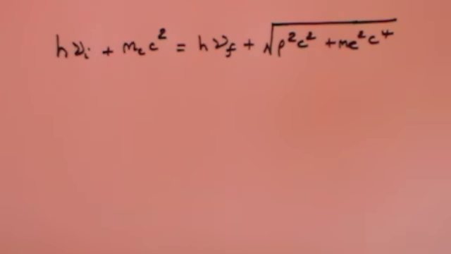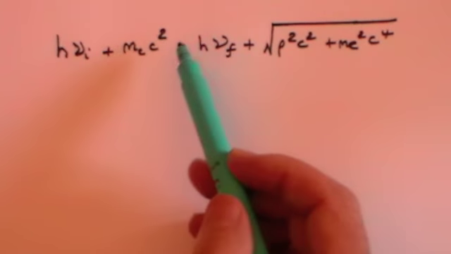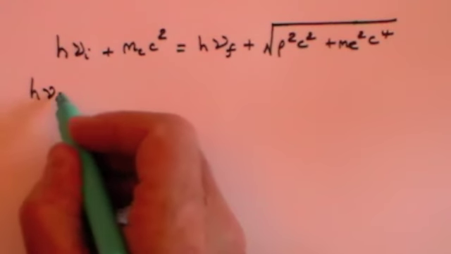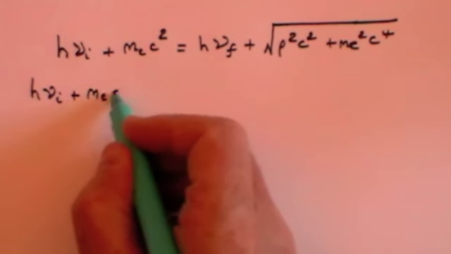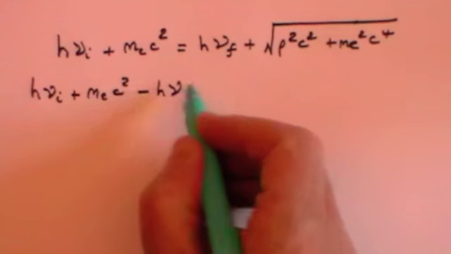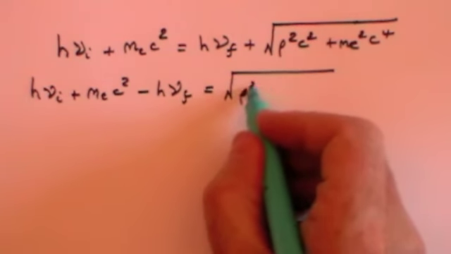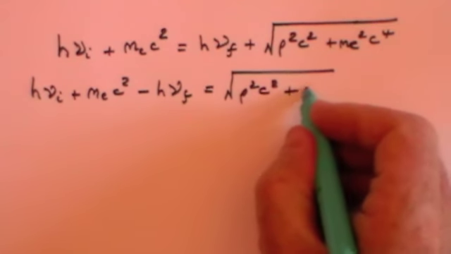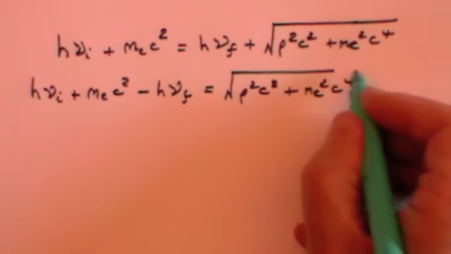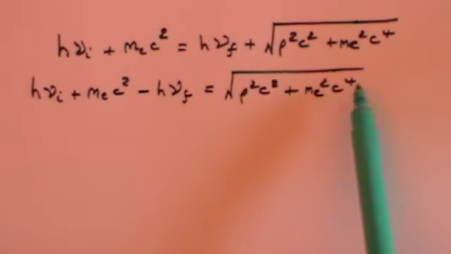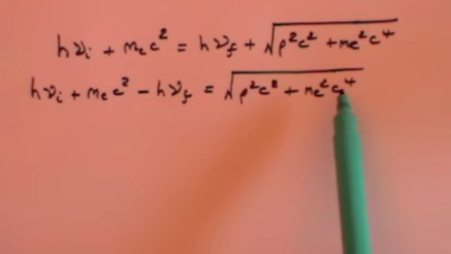We can rearrange that by bringing h nu f over to this side, so we simply get h nu I plus m e c squared minus h nu f equals the square root of p squared c squared plus m e squared c to the fourth. And now we take a deep breath because I am going to square both sides of this equation. This side, of course, will simply lose the square root when we square it.